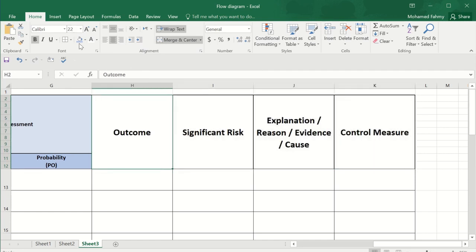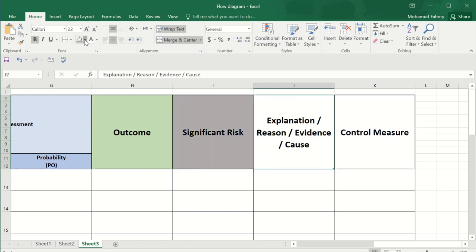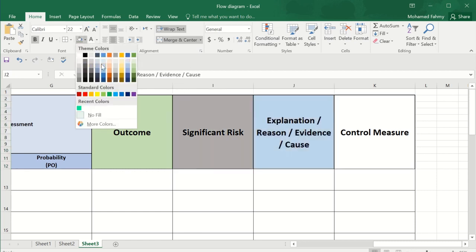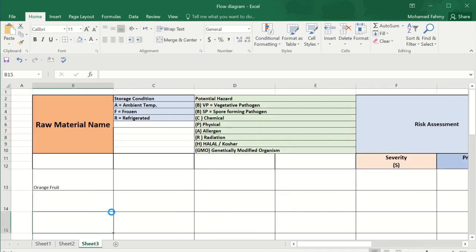The outcome: significant risk, in any color. Explanation, and the control measure. The orange fruit.